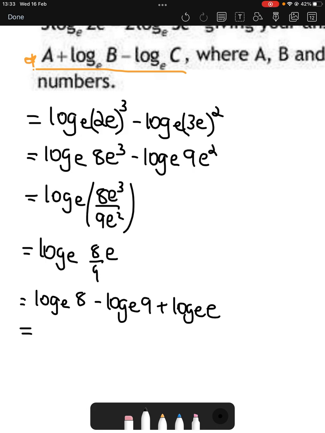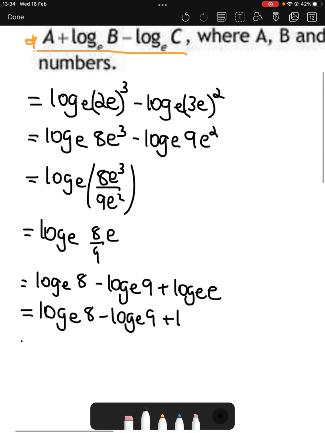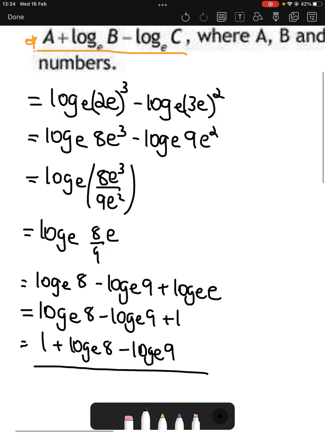That last term we know is 1. So now if I put it in the right order, that matches, we've got 1 plus log e to the 8 minus log e to the 9. So it's all about using your log rules in the best way that makes sense.